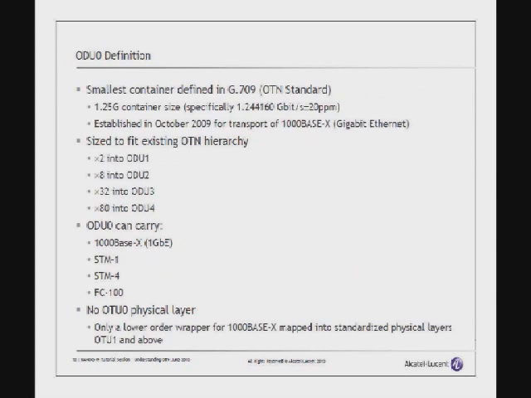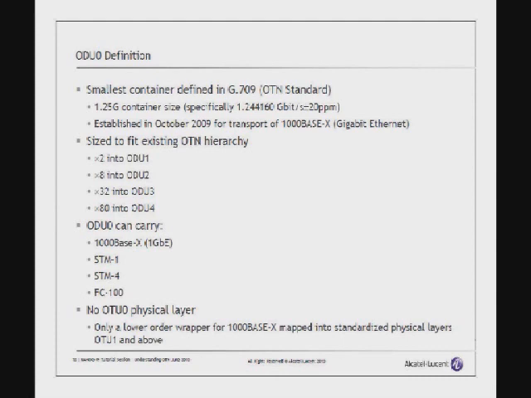So I want to spend a little time going through each of the containers. The ODU0 is the smallest container that is defined, but as I've said, it cannot be put onto a wavelength. An ODU0 has to be multiplexed up into a higher order ODU1 through ODU4 before it can be put out onto the wavelength.